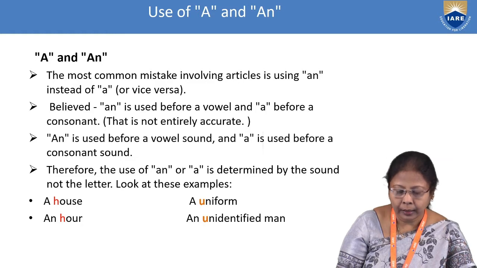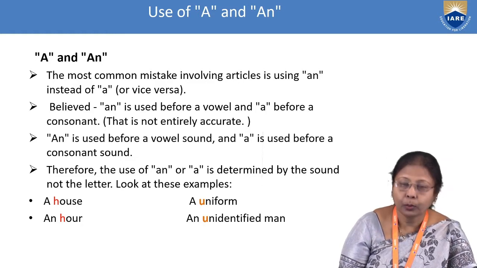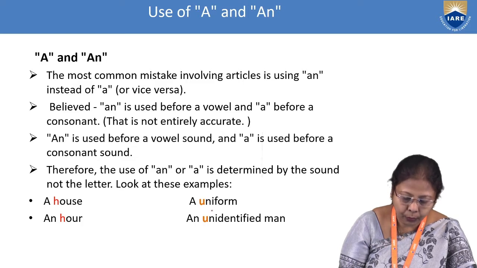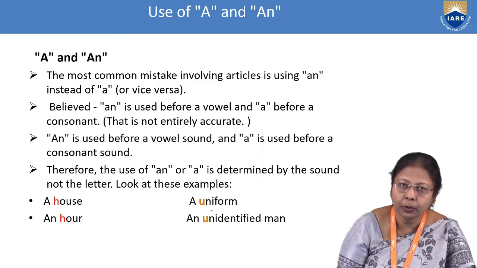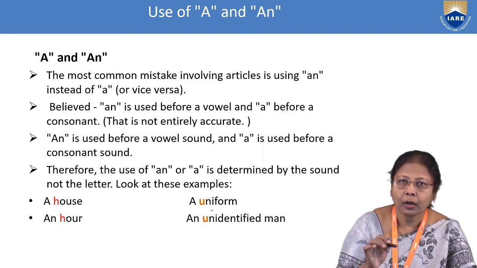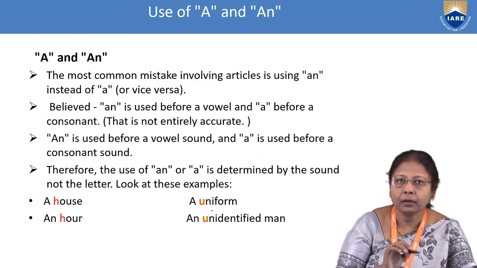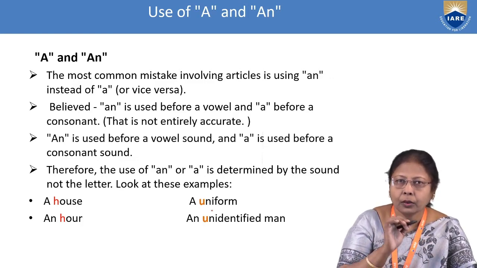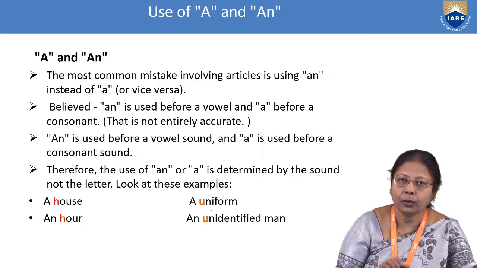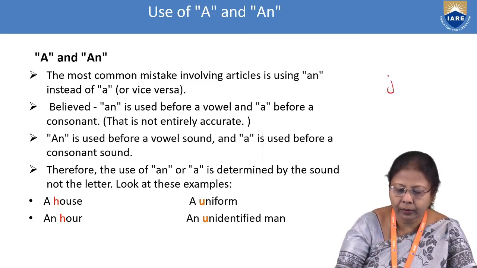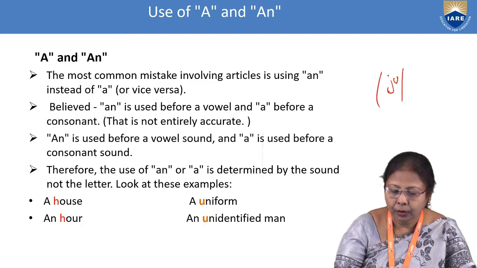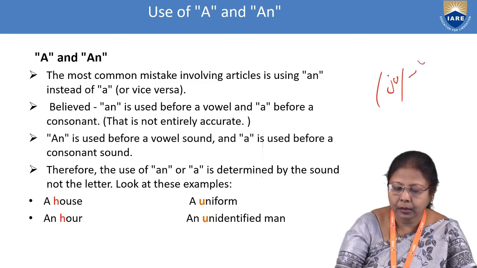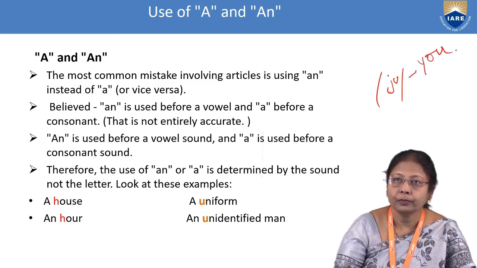And now the words which start with U. Let us see these two also: uniform, unidentified man. Two words I have given. Specifically, uniform, we pronounce it as "yu". Just now I gave the phonetic transcription, the U sound. Uniform. If it is the English letter, Y, O, U, even if you take it that way, Y comes under consonant.